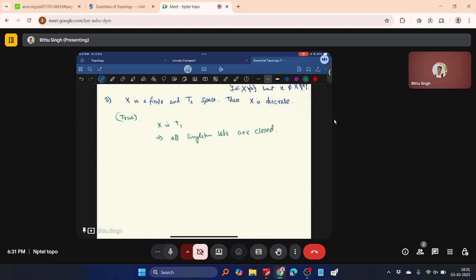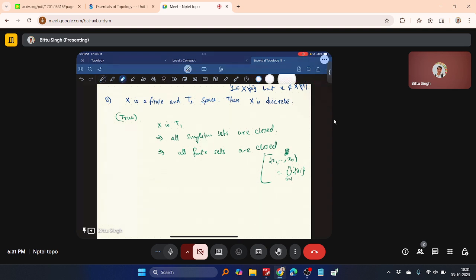And we know that a finite union of closed sets is closed, right? So all finite sets are also closed, because if we take a finite set F, for example x1 up to xn, this can be written as the union of the singleton sets {xi}, i equal to 1 to n. Finite union of closed sets, hence it is closed.